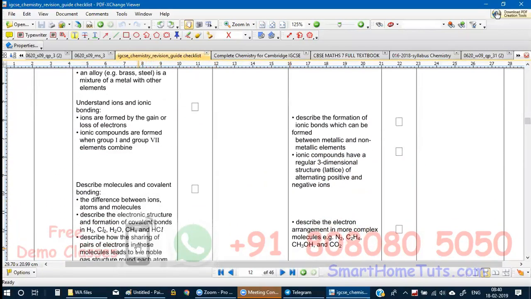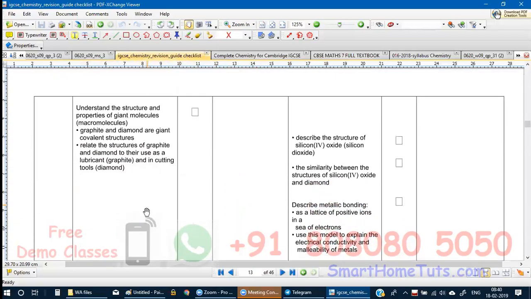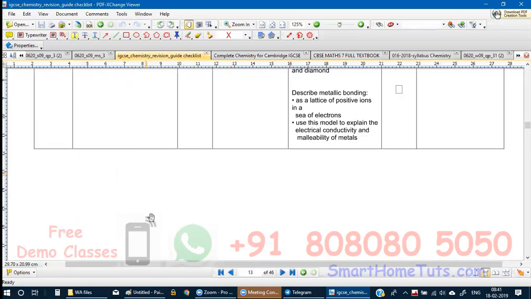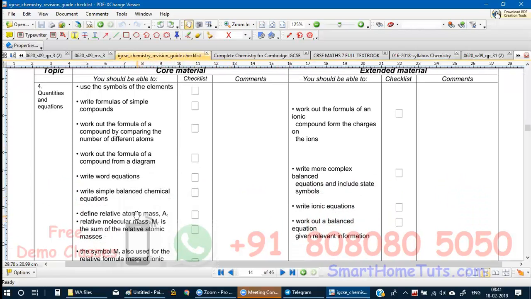Then there are the metallurgy oxides. Then there is the formation of all covalent compounds, that video that I had sent. Just memorize how each of these substances is formed, how the bonds are formed between them. We have done these several times. Silicon 4 oxide, diamond, graphite, why graphite is a good conductor of electricity.